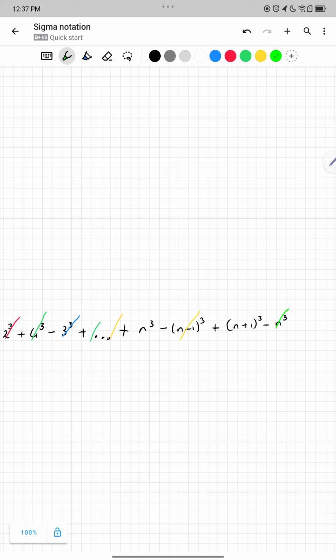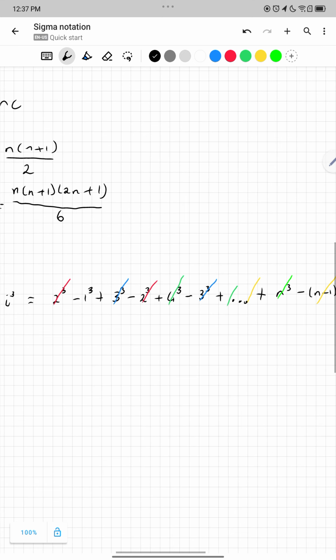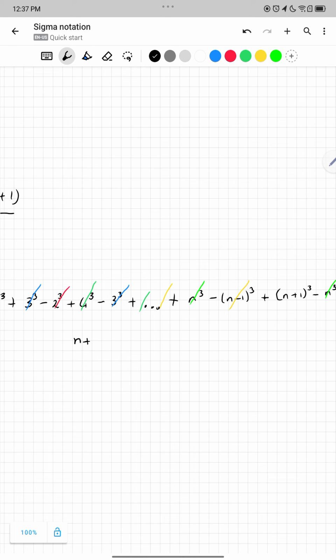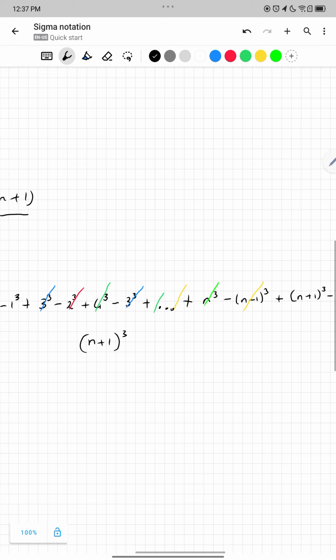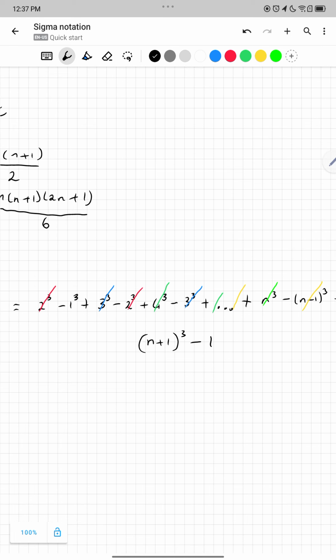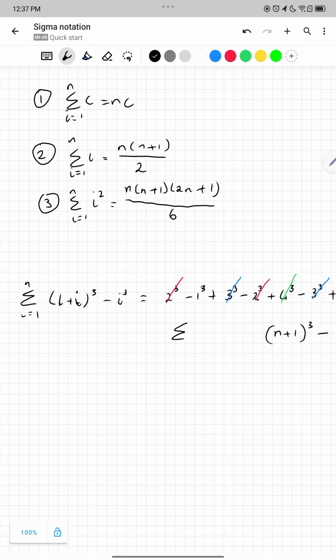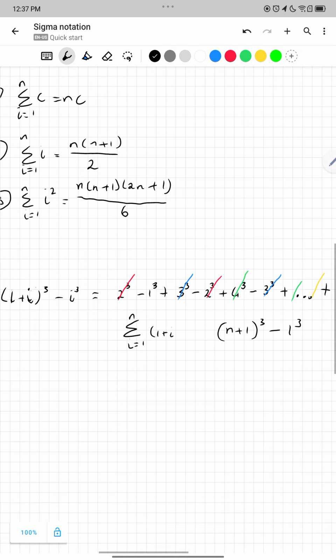And this term and this term will result in 0. So what we will have is the following. You will have (n plus 1) all cubed minus 1 cubed. So this is the summation from i is equal to 1 to n of (1 plus i) cubed minus i cubed.